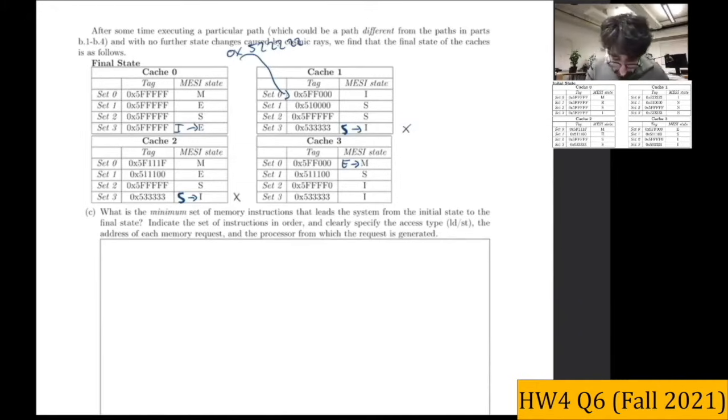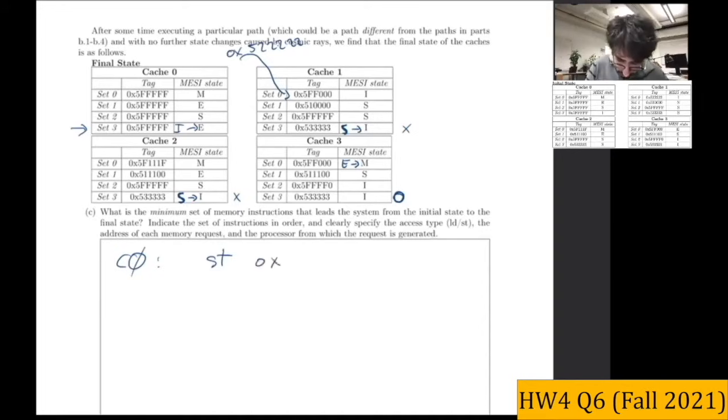For invalidating that, we can use processor 0, because we already have to modify set 3 anyway. In cache 3, we don't need to modify set 3. So let's use cache 0. To invalidate set 3 in caches 1 and 2, we have to store to the same cache line that is in cache 1 and cache 2 in set 3.